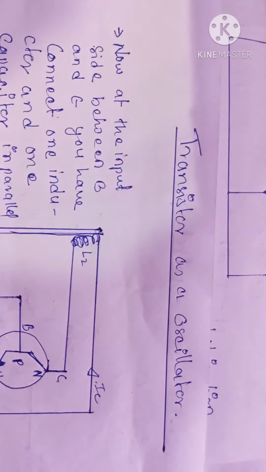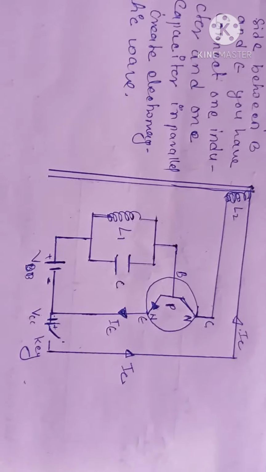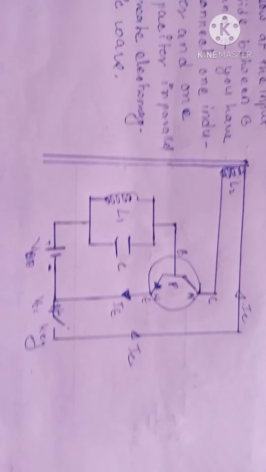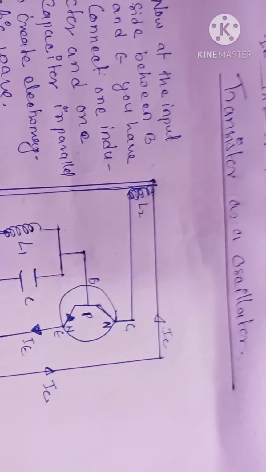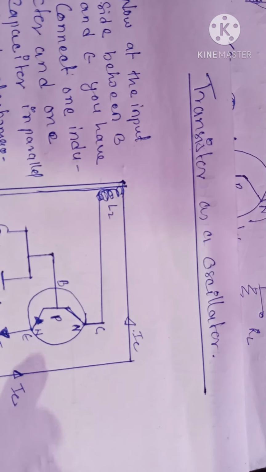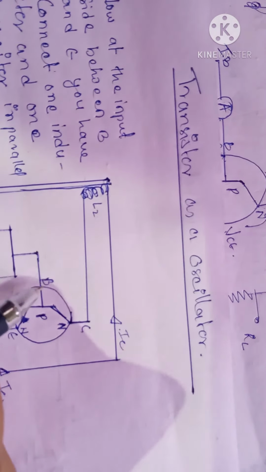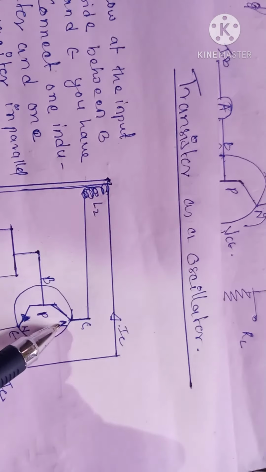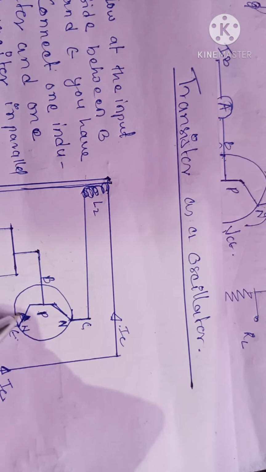Now, transistor as an oscillator. Here is the circuit diagram of the transistor as an oscillator. Here is the base, collector, emitter, NPN with the arrow in the downward direction.